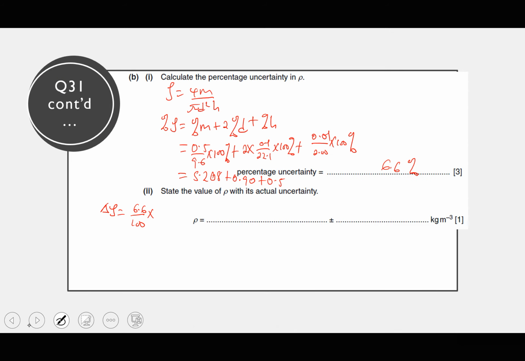So let's just multiply 6.6 times 12513.15, divided by 100.